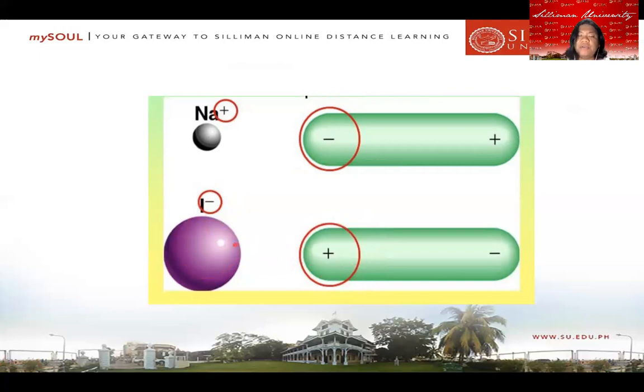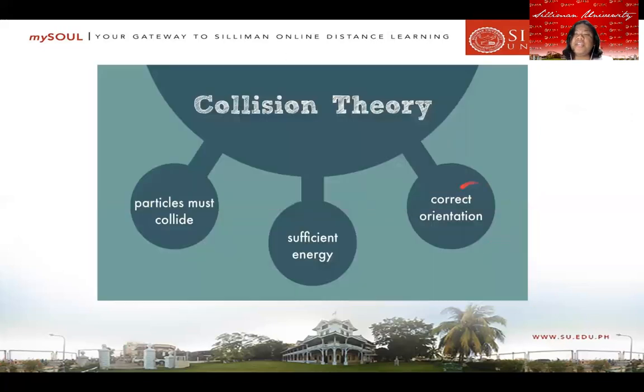But what if I allow this to hit and collide with the other, slightly negative part of this molecule? Then the two will repel. So in short, correct orientation of the collision must be taken into account for a chemical reaction to happen.